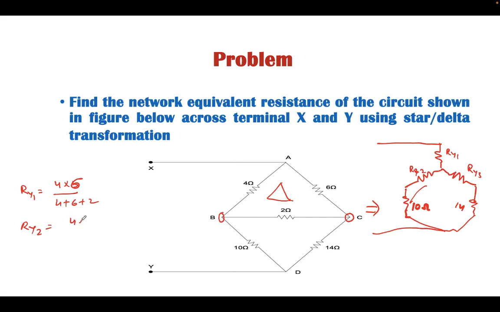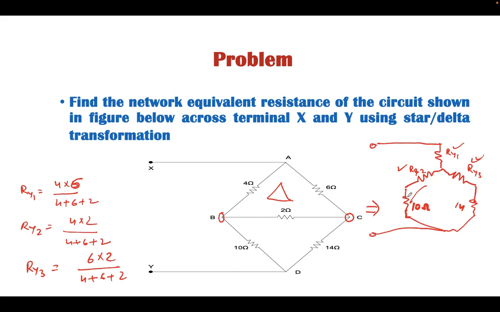It will be 4 into 2 divided by 4 plus 6 plus 2, the sum of delta resistances. R star 3 will be equal to the product of these two resistances, that is 6 into 2 divided by the sum of resistances, 4 plus 6 plus 2, and hence R star 1, R star 2 and R star 3 can be calculated.